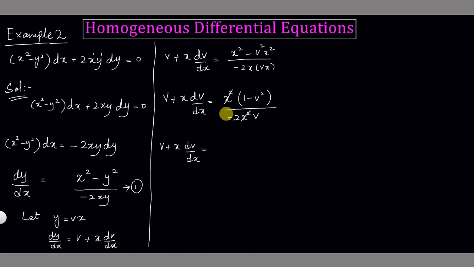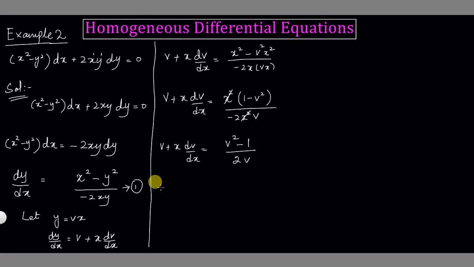If you want to remove this minus, just multiply this minus into the bracket and then you will get v square minus 1 over 2v. So this will be the final result of this particular side.